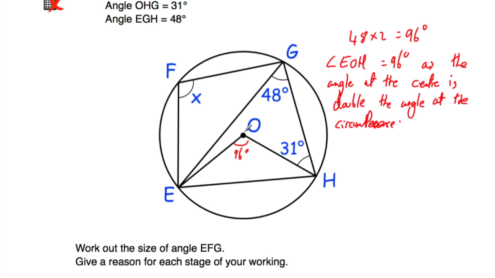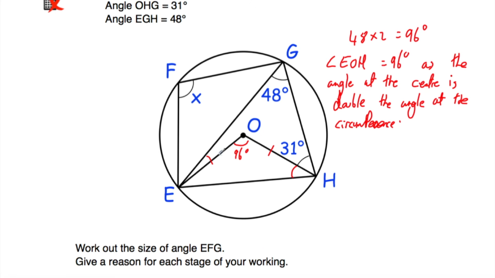Now if we have a look here, we've got OE and OH. OE and OH will both be radii. So OH is a radius and OE is a radius. That means they're the same length as each other. So that means the triangle OEH is an isosceles triangle. So we can work out the size of this angle, and if we can, we can then look at the cyclic quadrilateral.